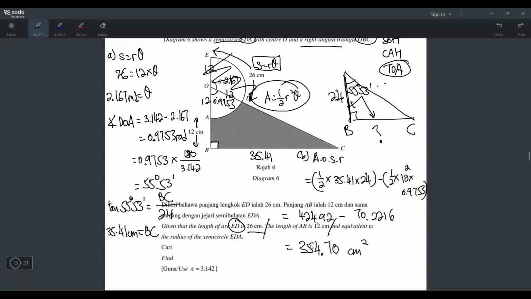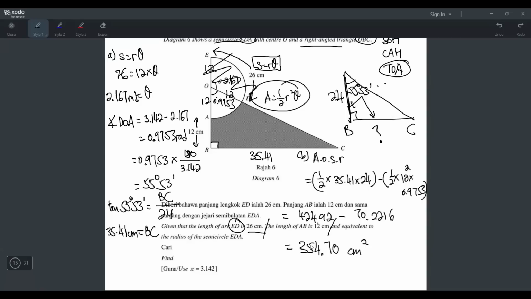So let me check again. Is what I did correct? 35.41 times 24 divided 2, 424.92, correct. Okay, what about this one? 0.975. Wait, let me try. 3.142 minus 2.167. Okay, wait a moment.